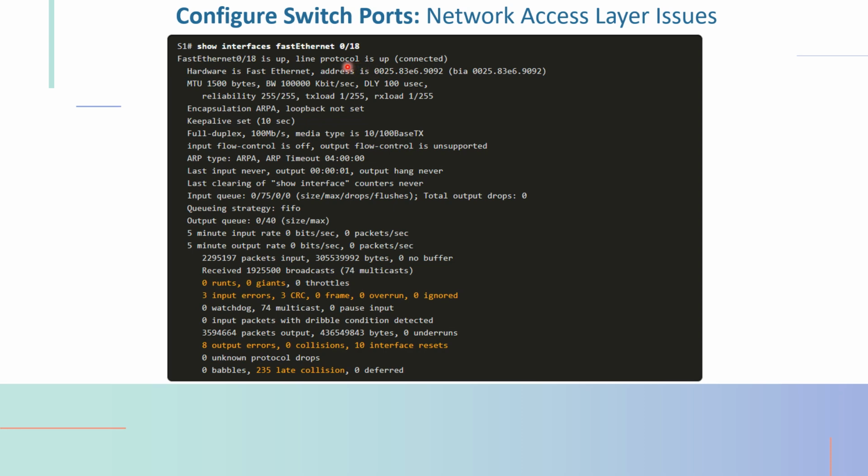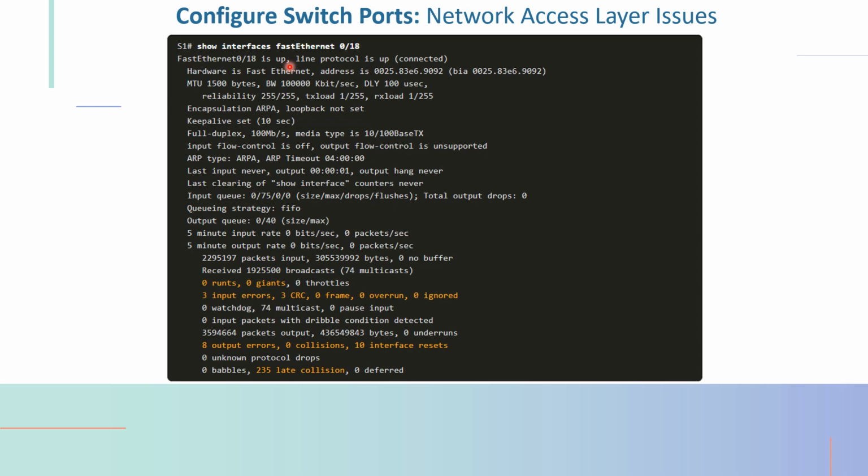If the line protocol is down and the interface is down, a cable is not attached or some other interface problem exists. For example, in a back-to-back connection, the other end of the connection may be administratively down.